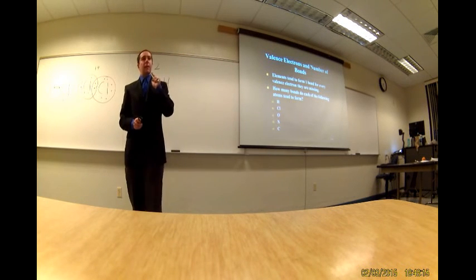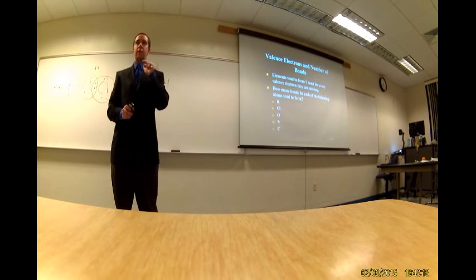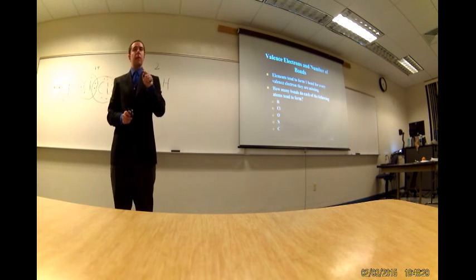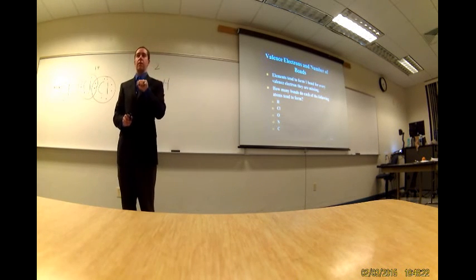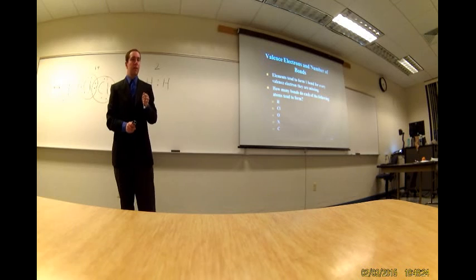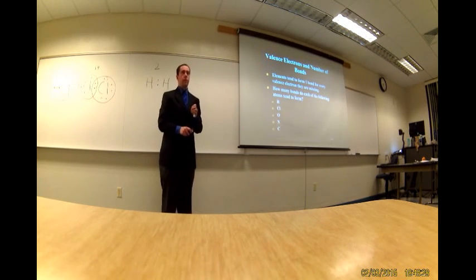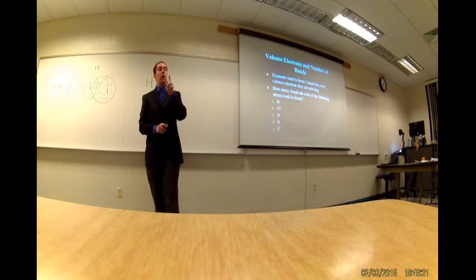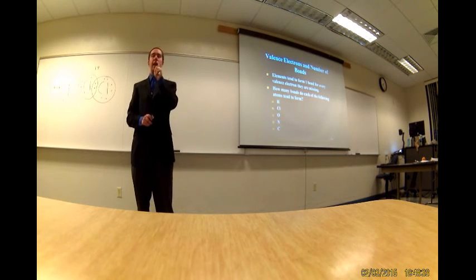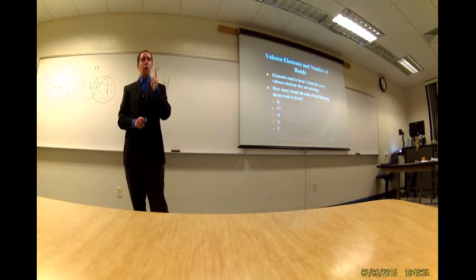For every electron an atom wants to gain, it generally has to form one bond to get it. How many electrons does a hydrogen atom want to gain? 1. It wants to end up with 2, it starts with 1, so it wants to gain 1. Hydrogen will always form one bond.